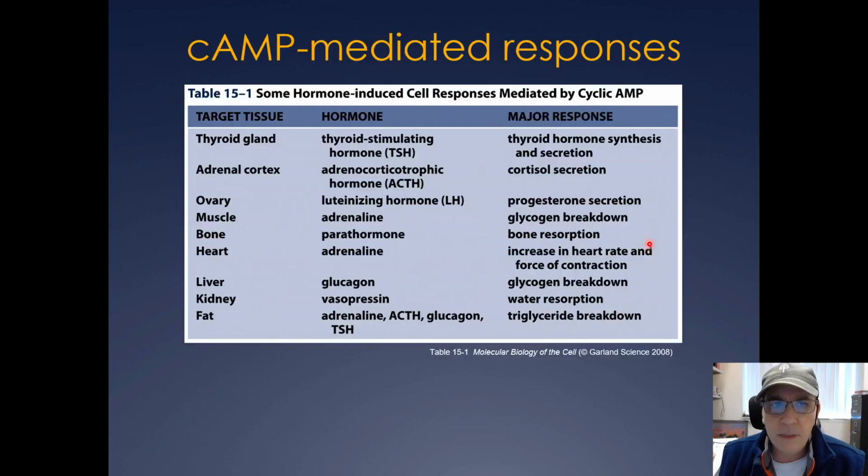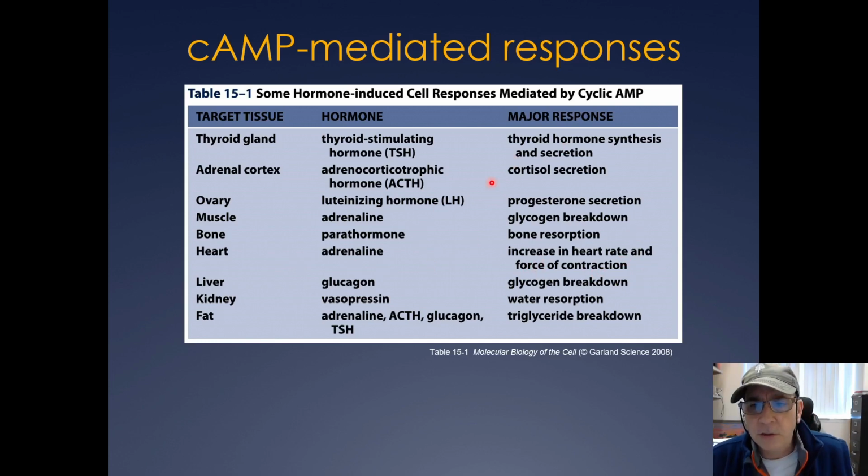But here are some of the cyclic AMP mediated responses. In response to thyroid stimulating hormone, you get thyroid hormone synthesis and secretion, and you can just read these over. In the case with the heart, you'll get adrenaline and increase in heart rate and force of contraction. So just look these over.